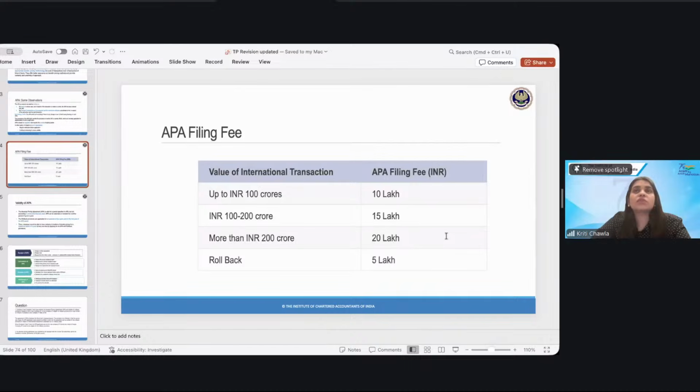Then there is also something called a rollback provision in APA, where you can take APA for the previous years also. In India, you can roll back to 4 previous years. For rollback, there is an APA filing fee of 5 lakh.